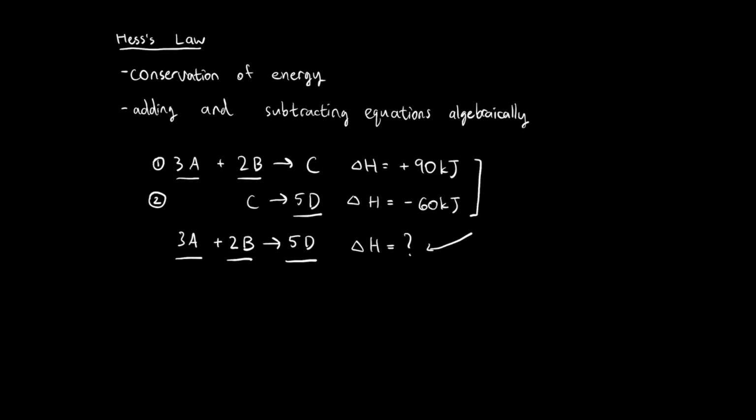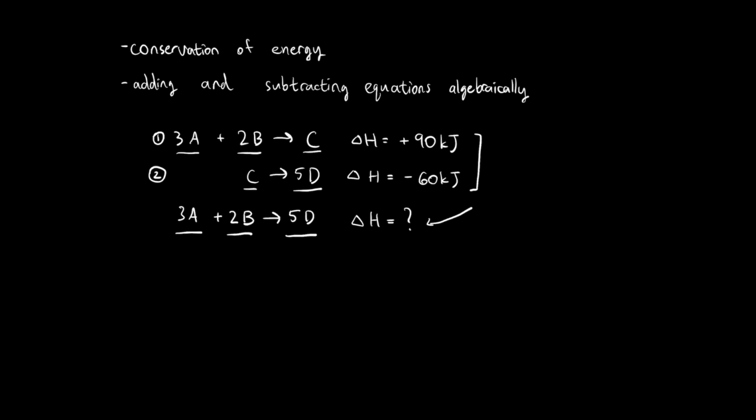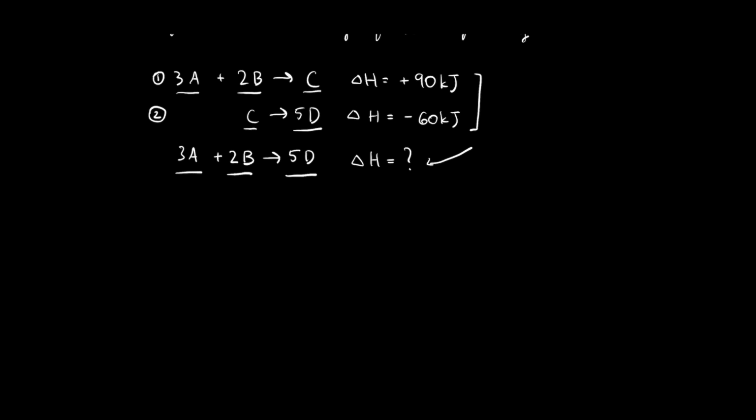But there's this one little problem. We have this C, this intermediate state, if you will, in between the two. If you add these two equations together, this kind of mixed equation between 1 and 2, you end up getting 3A plus 2B plus C, because we're taking it up from this equation, gives us C, because we're taking it down from this equation, plus 5D.